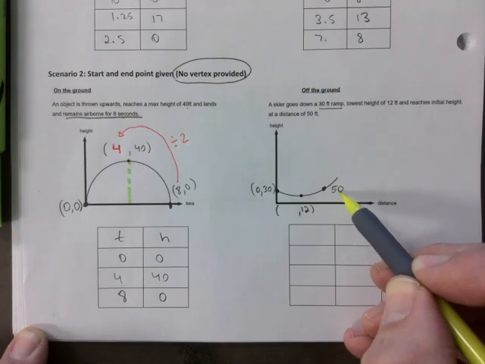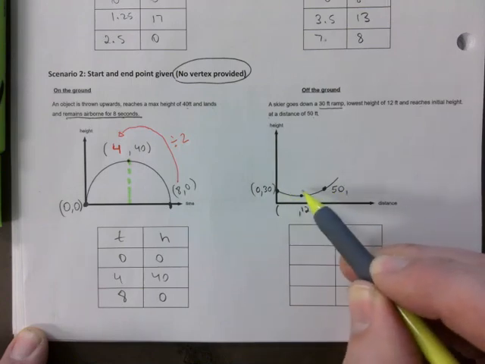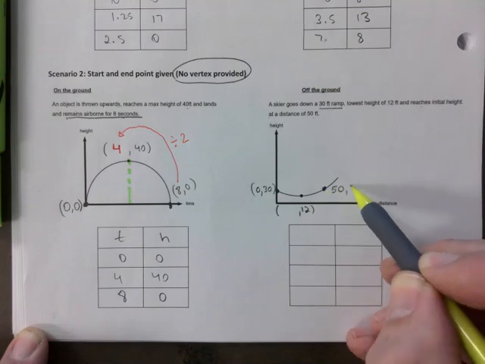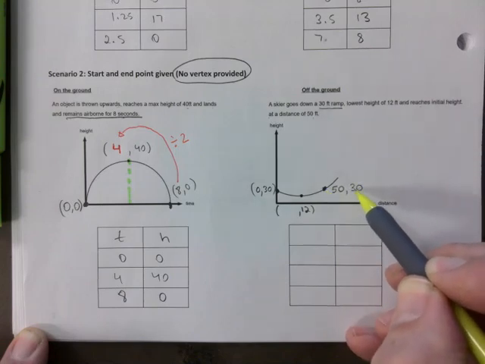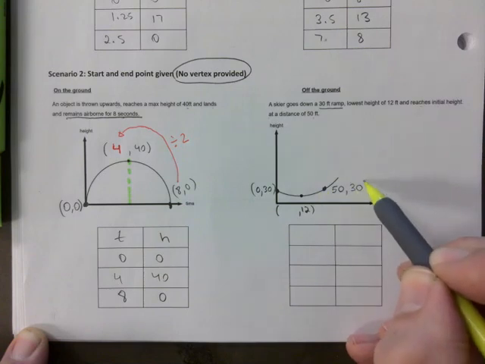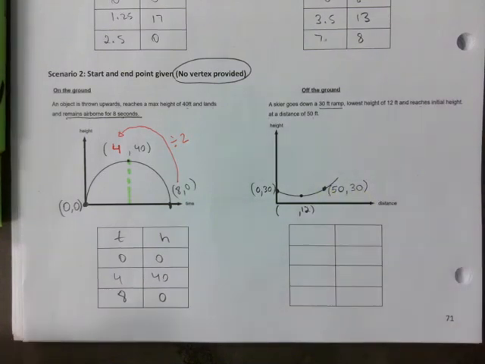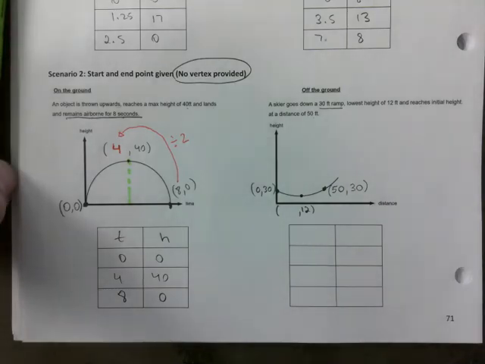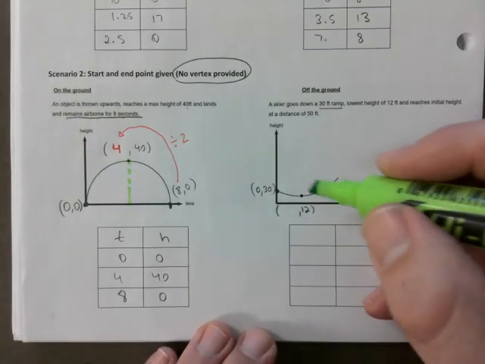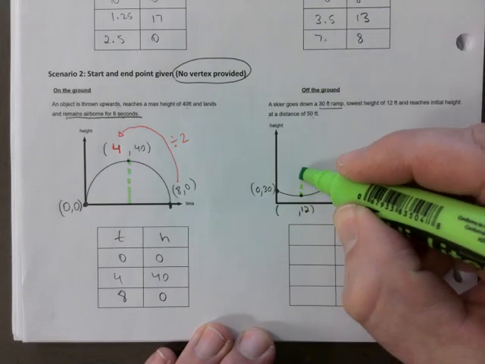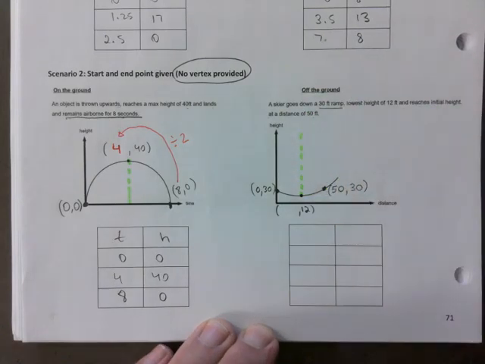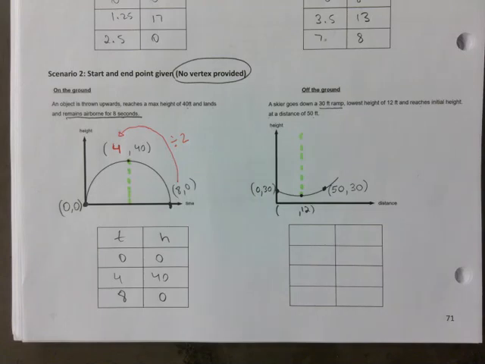So we're told that the distance is 50 feet, and we have that same height that we started with. So that's why there's a 30. So that's the pattern here. And again, axis of symmetry. So that just keeps on going to infinity there. Doesn't matter.